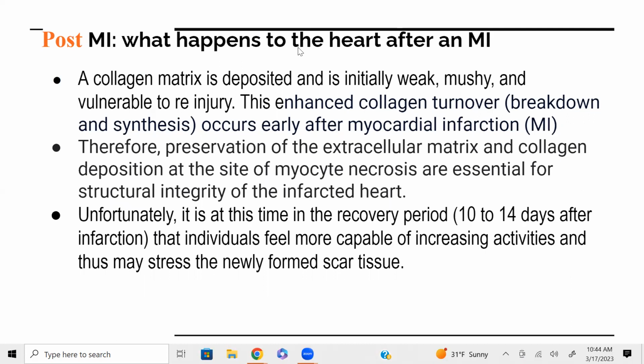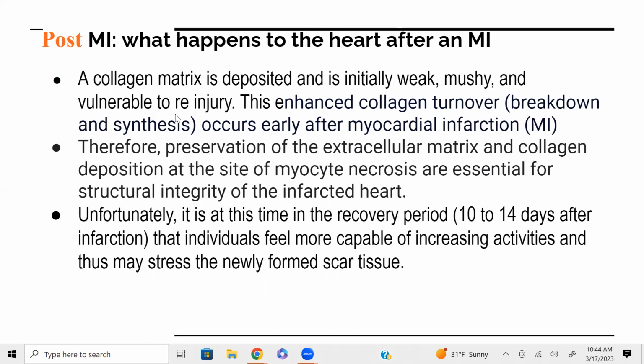So questions are like a post-cardiac patient, they put a scenario and give you answer choices with other stuff, but the collagen matrix is deposited and is initially weak, becomes mushy and vulnerable to re-injury. So they are at high risk for recurrent myocardial infarction. This collagen turnover causes breakdown and synthesis during this myocardial infarction process.